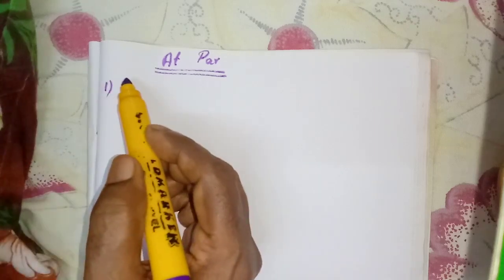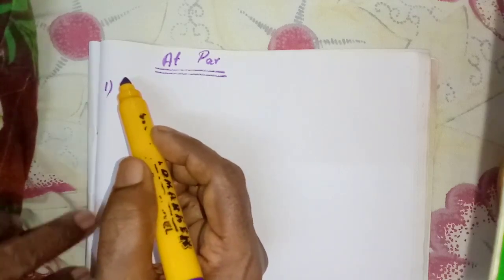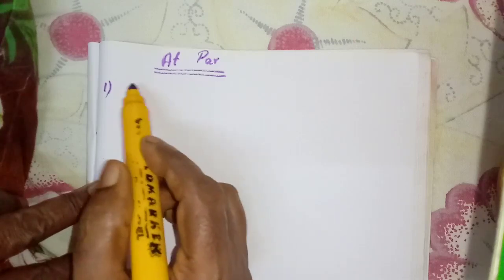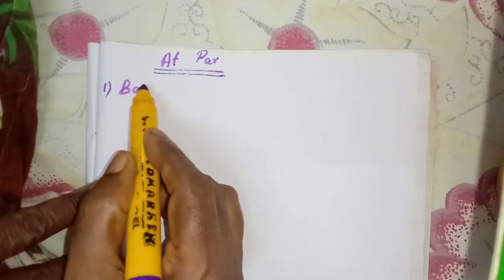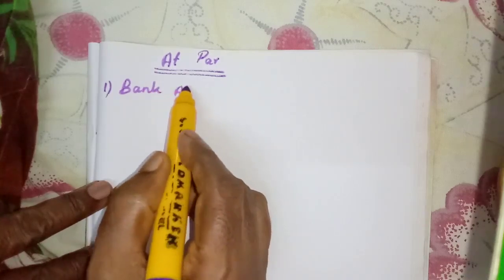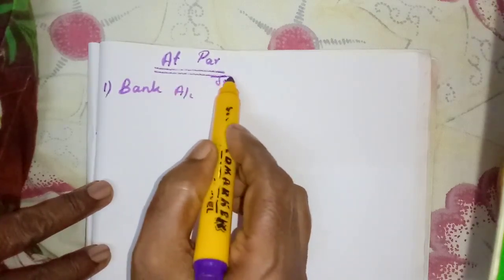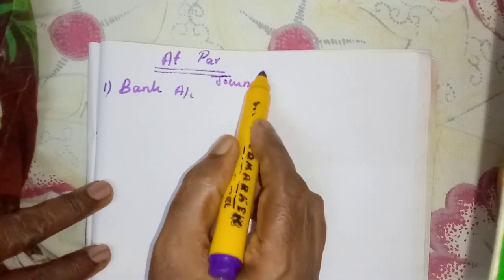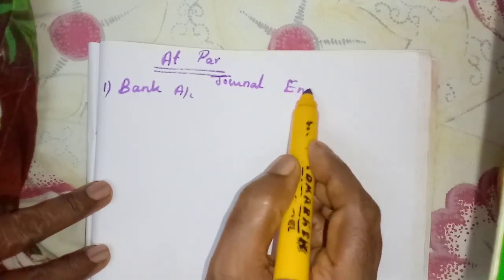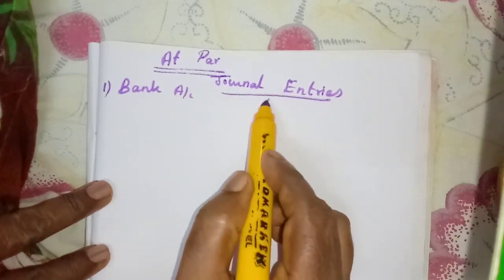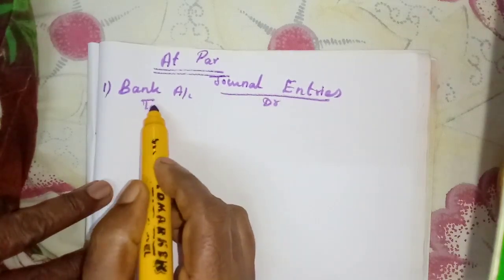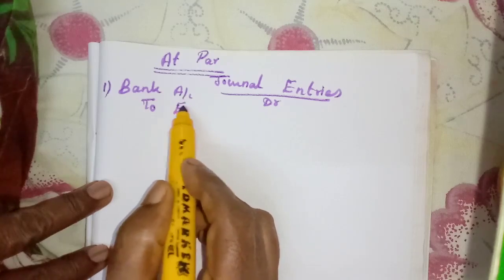So the first one, at the time of receipt of application money: Bank account debtor to equity share application account.